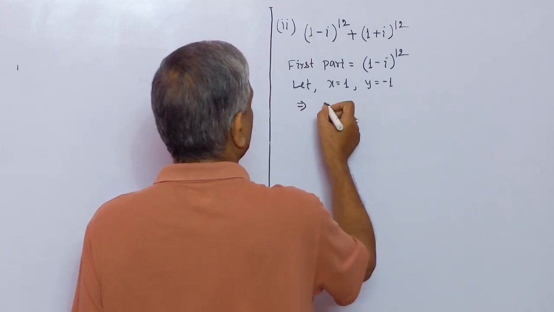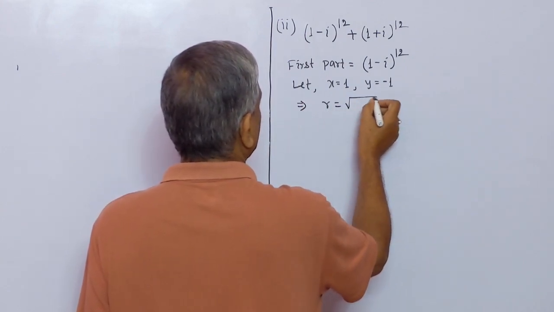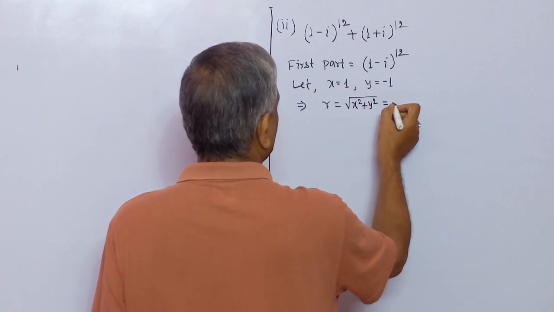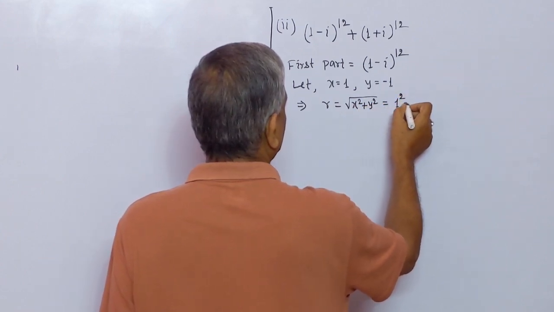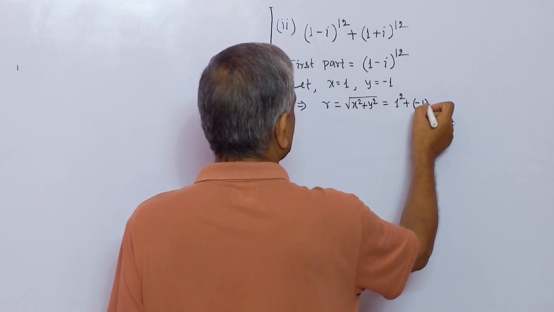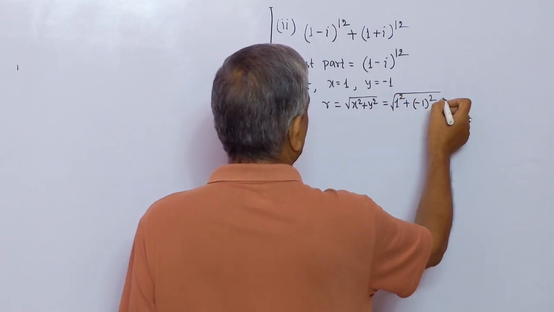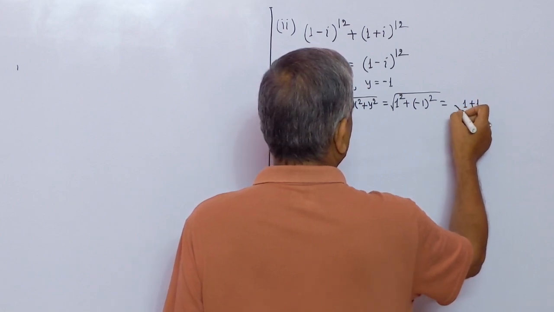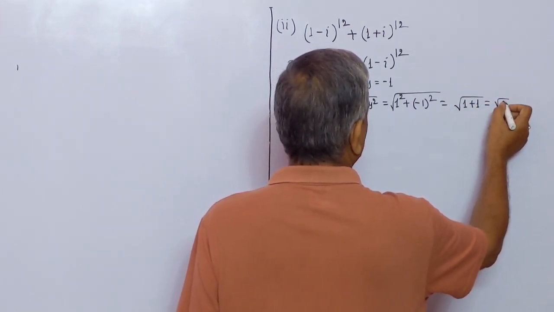Implies that r equal to square root of x square plus y square, meaning 1 square plus minus 1 square. Here 1 plus 1, square root 2.